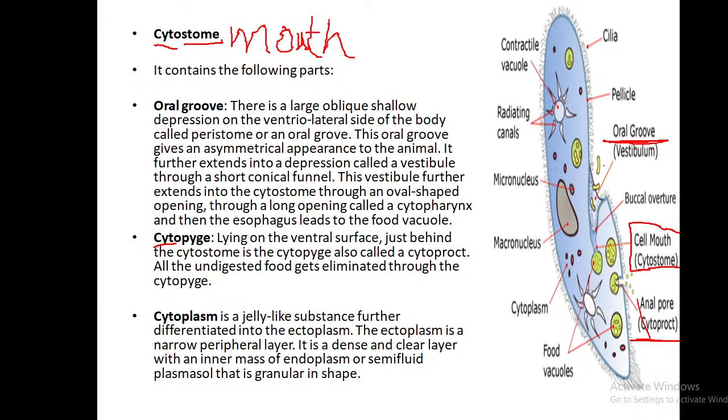An amoeba comes and reaches inside the body through the oral groove. It enters through the oral groove, and here the oral groove will lead into a food vacuole. Our bacteria enters inside the food vacuole. Inside the food vacuole the digestion is completed and the nutrients will be absorbed into the cytoplasm, and the waste particles will be eliminated from the body. So the direction is roughly like this.